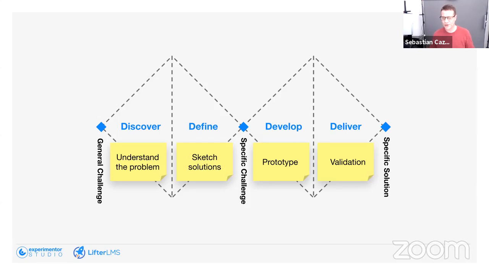It's only 4 logical steps, and you can remember them even by letter. All steps start with the letter D. So everything is about D. D from design. So it's very easy to remember. Discover, define, develop, deliver. That's the process for the course design sprint.